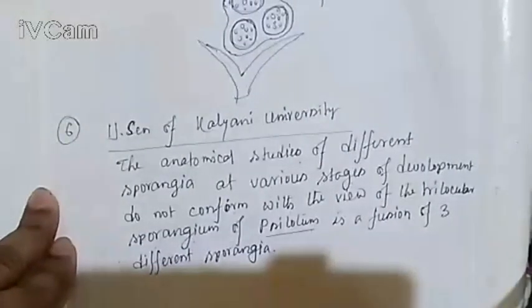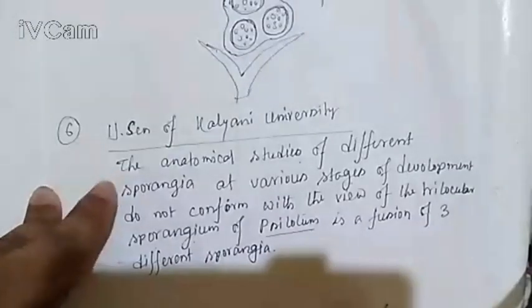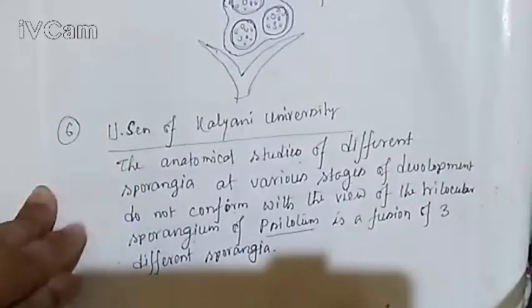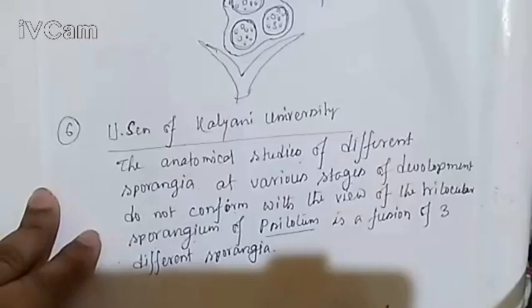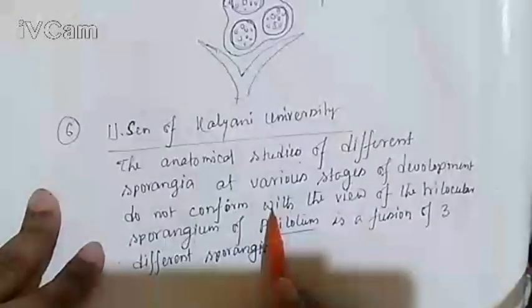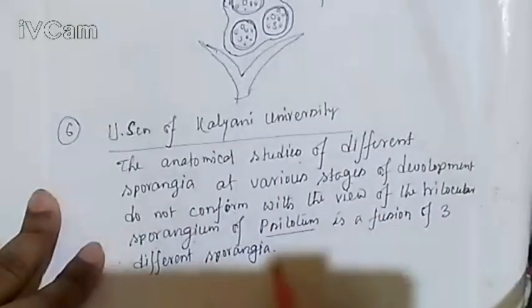So the answer is yet to be known, because regarding the nature we can't give a complete answer. This is a recent opinion from Kolkata University. In this case, actually he is confused because he did not confirm the view of the trilocular sporangium of psilotum as a fusion of different sporangia.